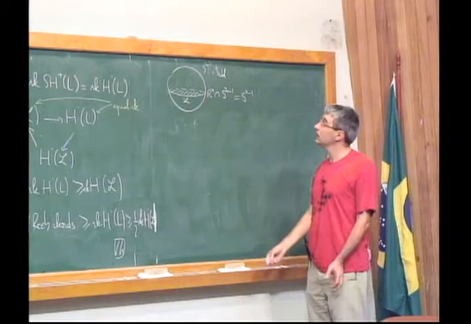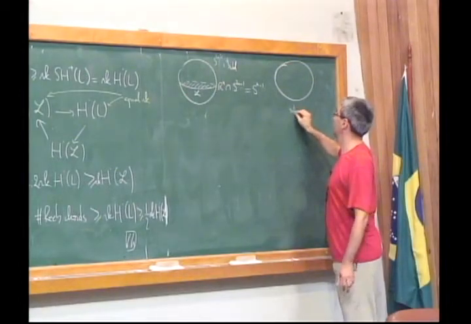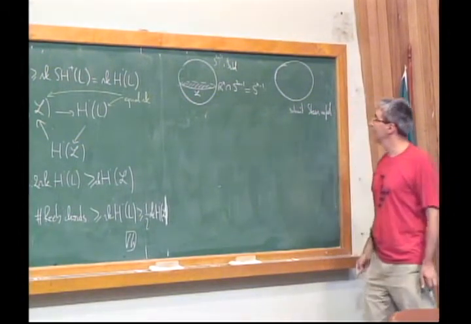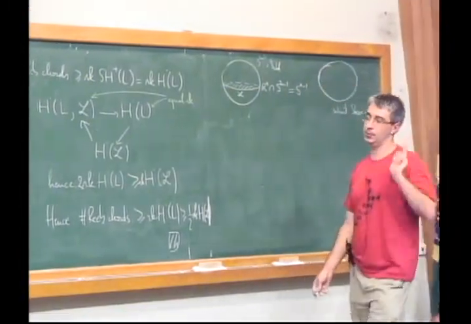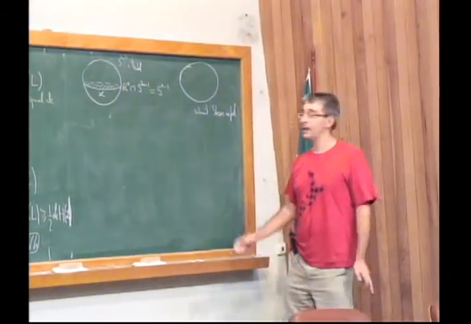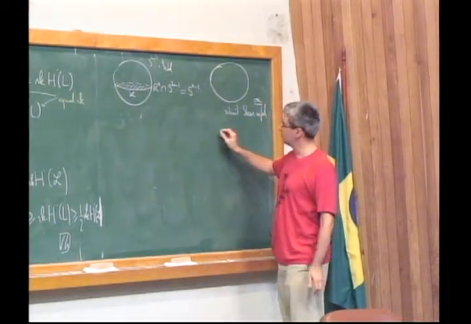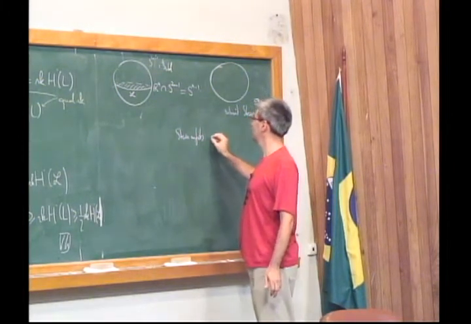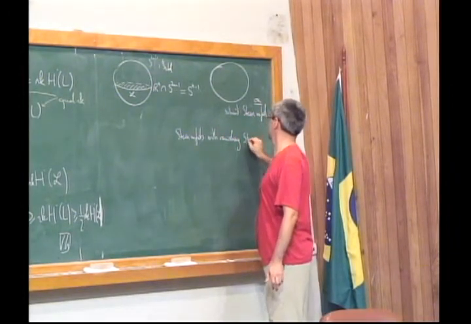Well, similarly, in the boundary of a subcritical Stein manifold, you have many examples of Lagrangian spheres which are exact fillable. So I also mentioned Stein manifolds with vanishing symplectic homology, vanishing SH.